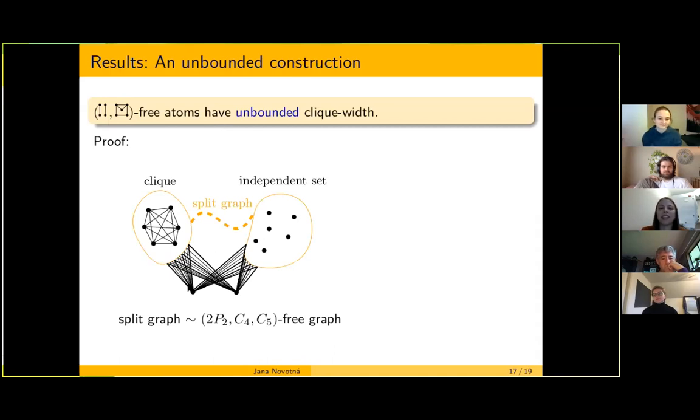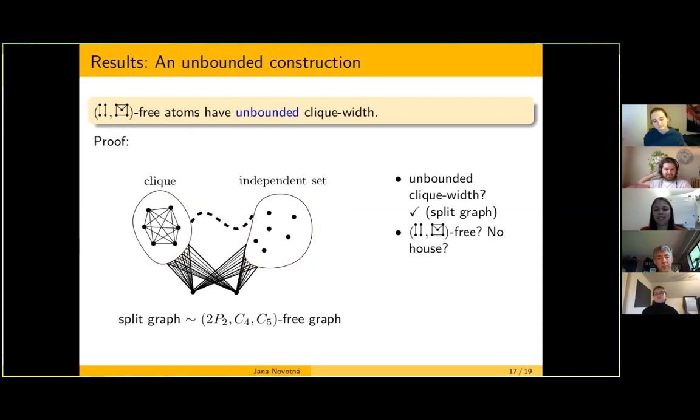I said that if we add 2 more vertices, it doesn't change anything. So we add 2 more vertices which are non-adjacent to each other, but complete to the rest of the graph. And I would like to claim that this is an example of 2P2 house-free atoms, and it has unbounded Clique-width. We already know it because of split graphs.